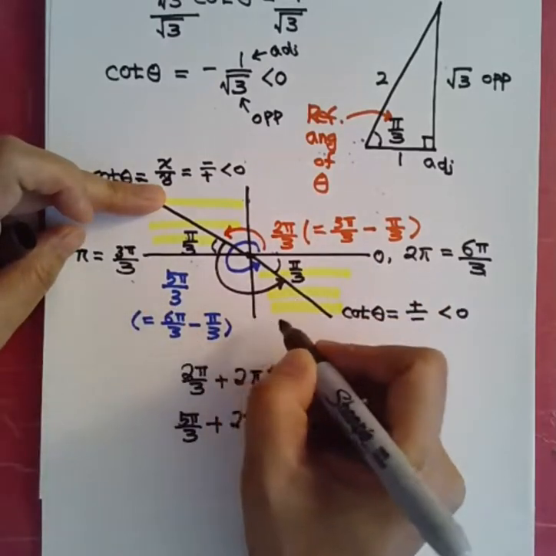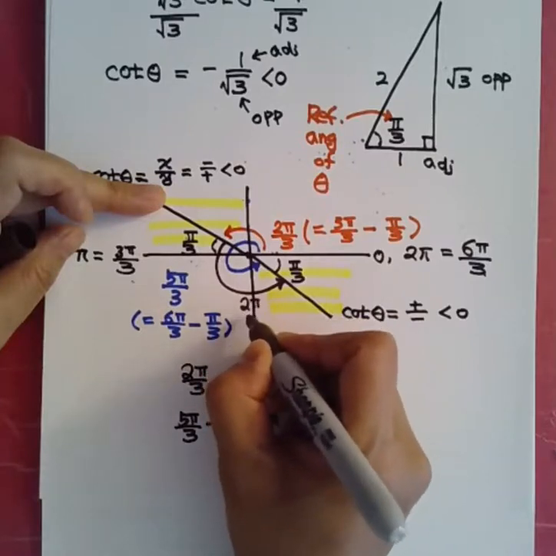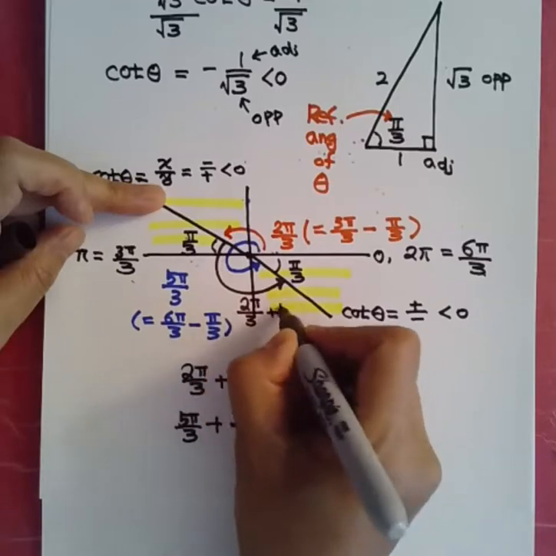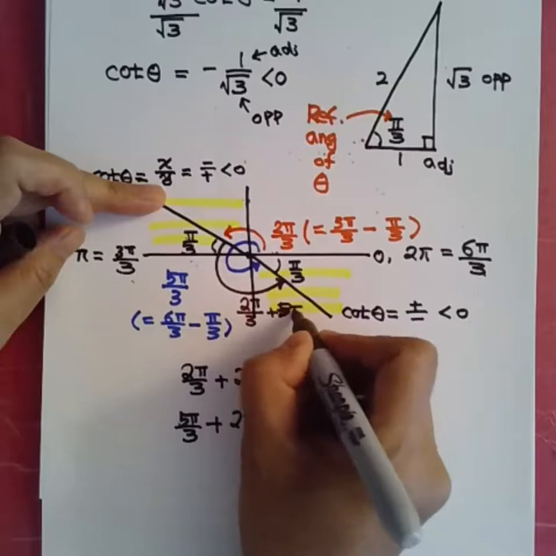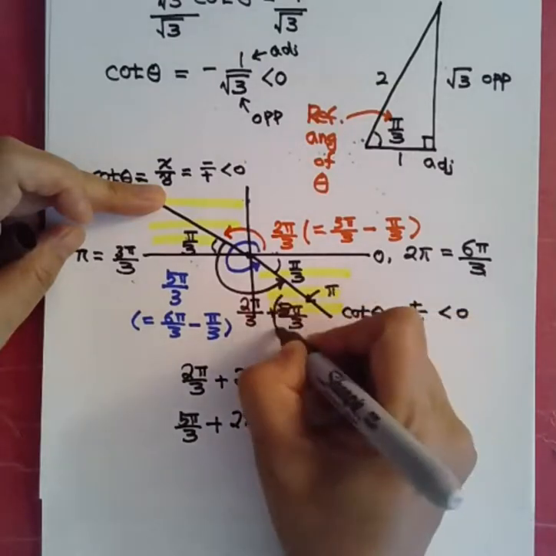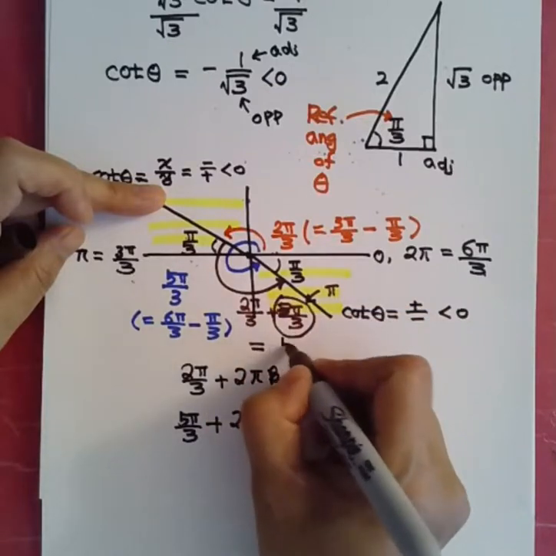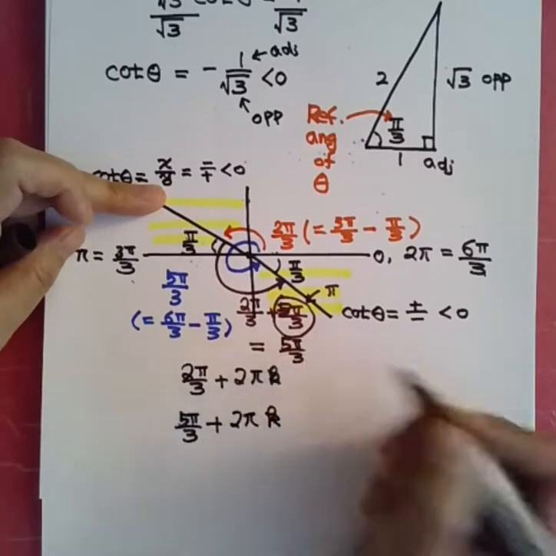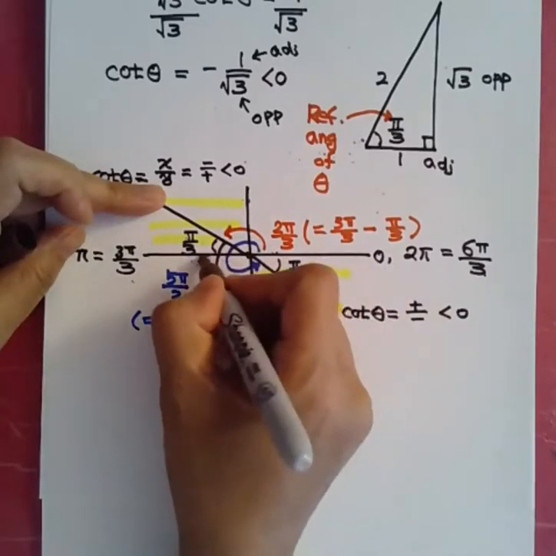So let me rewrite this. 2 pi over 3 plus 3 pi over 3, which is pi, then that is 5 pi over 3. So this amount is pi amount.